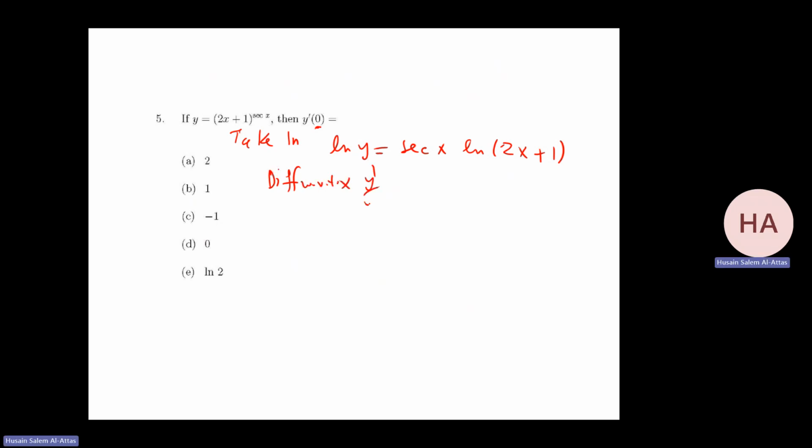I have y prime over y equals secant x tan x ln of 2x plus 1 plus secant x. Here I have 2x plus 1, derivative of this, which is 1 over 2x plus 1, derivative of 2x plus 1, which is 2. So y prime will be y times all of this.